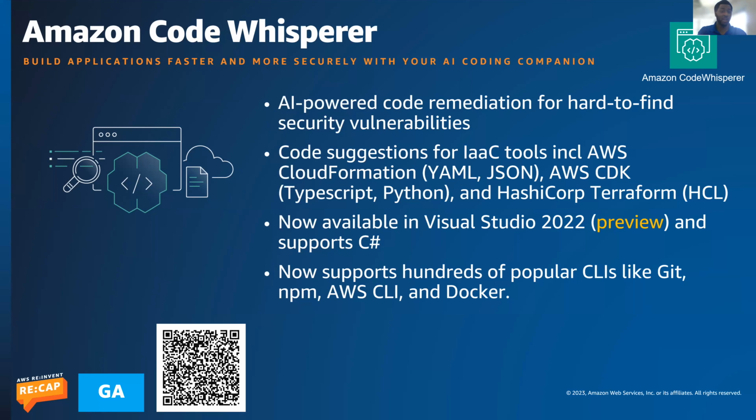So it'll enable your developers to author your infrastructure as code automation faster and more accurately. We also now support code suggestions for C#, and in preview, we now have CodeWhisperer available in Visual Studio 2022. And of course, you have command line CLI access to some of your favorite tools such as Git, NPM, and the AWS CLI.